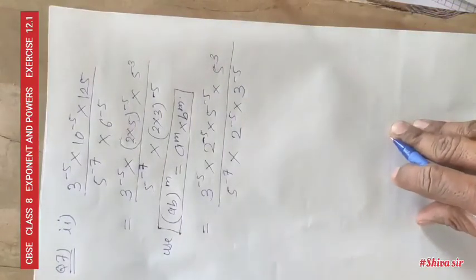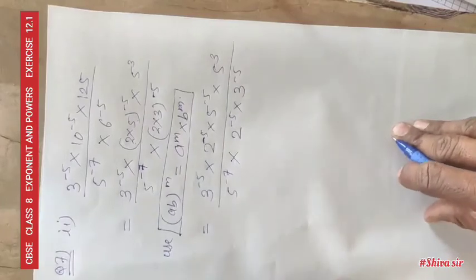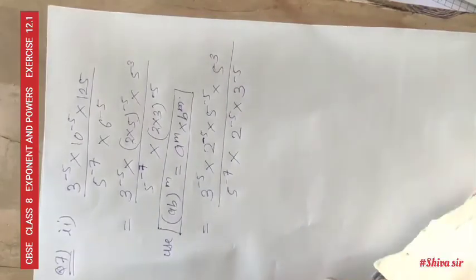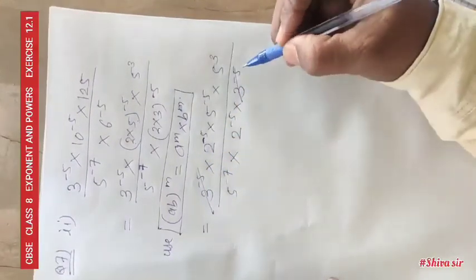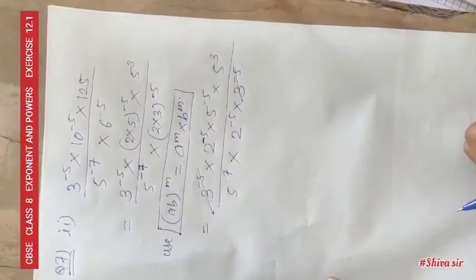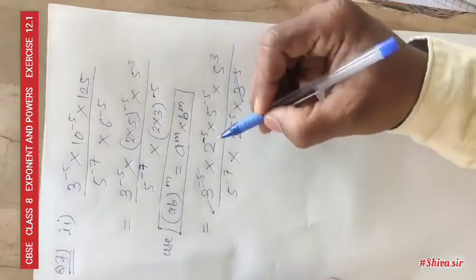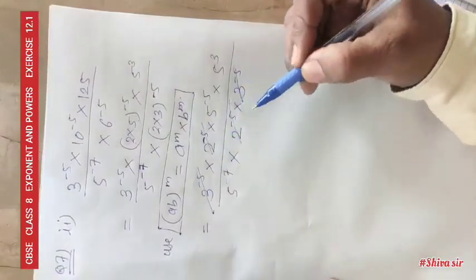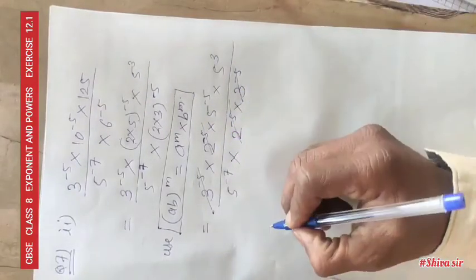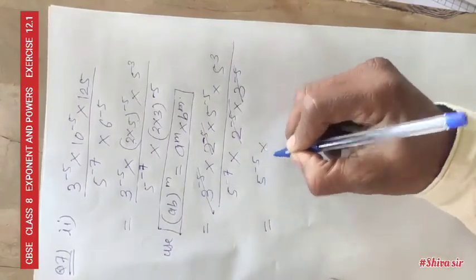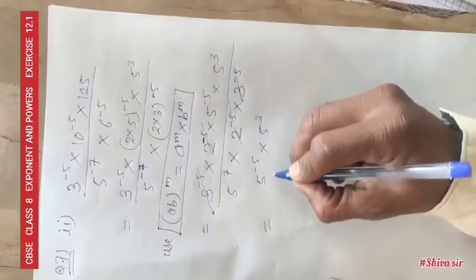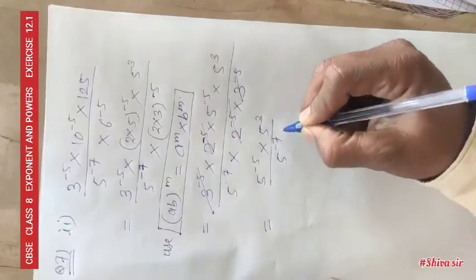Now just concentrate on this step and look at the similar terms. That means the 3 raised to the power minus 5 terms get cancelled. The 2 raised to the power minus 5 terms also get cancelled. Then what will be remaining? 5 raised to the power minus 5 into 5 cube upon 5 raised to the power minus 7.